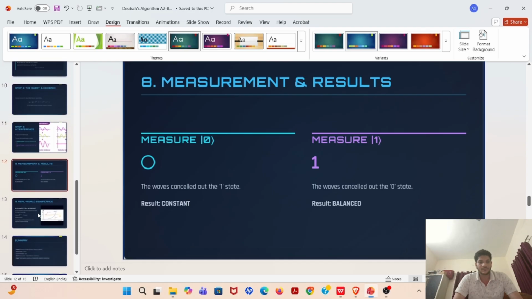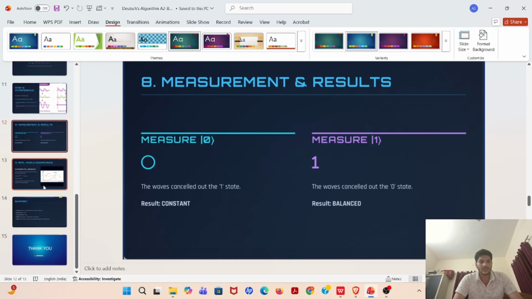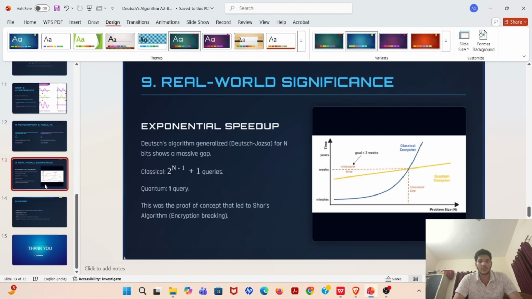The next is about the real world significance of the Deutsch algorithm. The Deutsch algorithm is generalized to the Deutsch-Jozsa algorithm for n bits, which shows a massive gap.